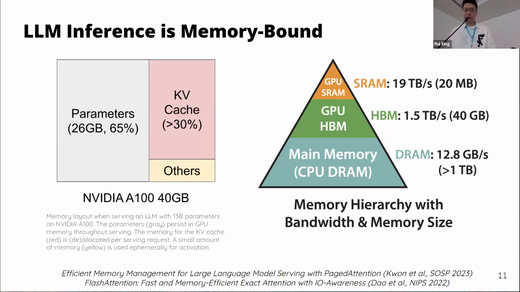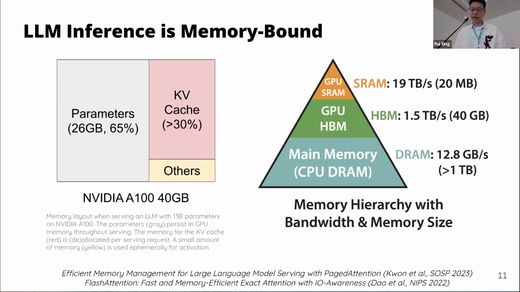When we take a deeper look at large language model inference, we can see that it is primarily memory bound. When we host a large language model with 13 billion parameters for inference, we find more than 90% of GPU memory is allocated to storing the model parameters and KV cache.